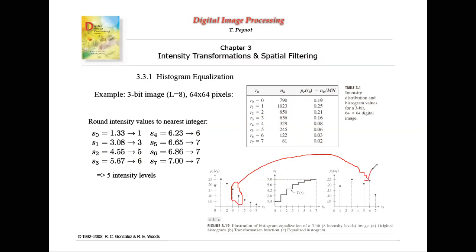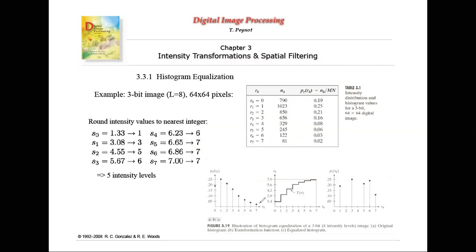So all those dark pixels will simply now become a silver gray, light gray. And then those with intensity 5, 6 and 7, all those pixels shall be replaced by white.